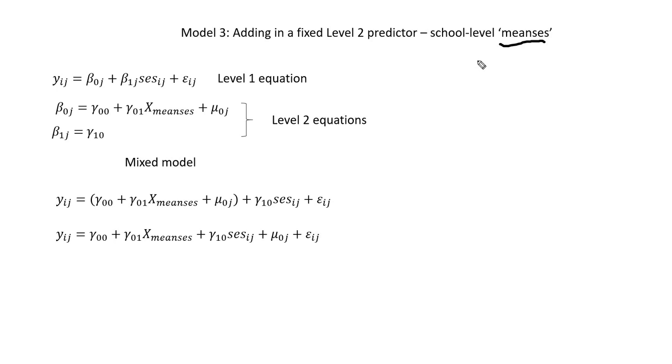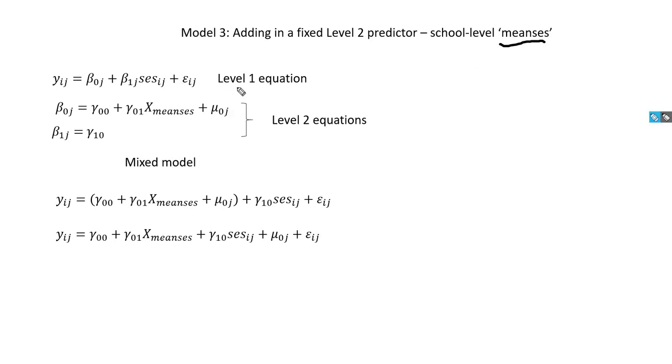So we may want to look at school level factors that may be related to the differences that we observe across the schools. If we take the mean SES for the students within the schools, it may be that the mean SES may predict variation in the math achievement that we see at the school level.